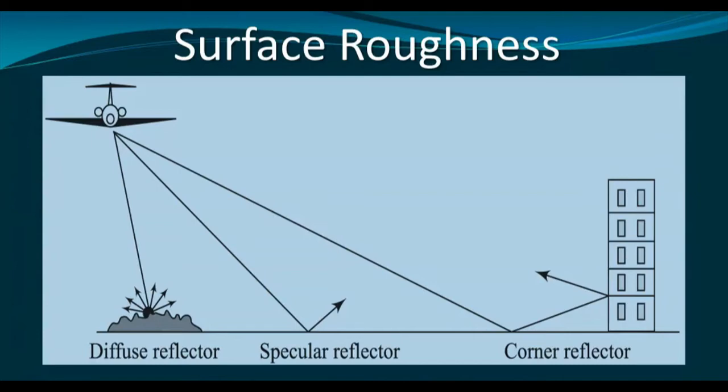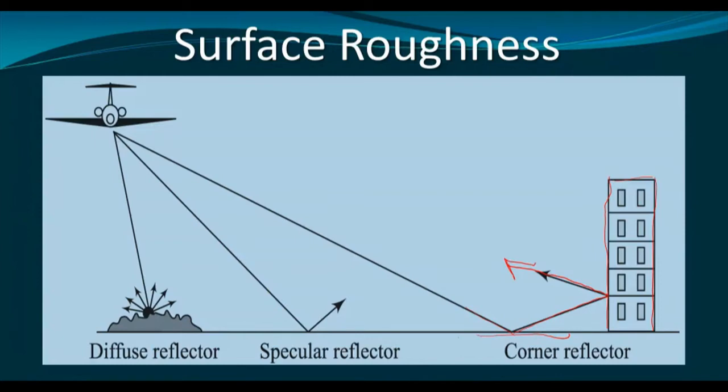Now, another case is also there. For example, as you can see in the third case, the energy is coming, the surface is rather smooth, but since we have a high rise building over here, the energy is being reflected from the wall of the building and the entire energy is being directed towards the sensor.